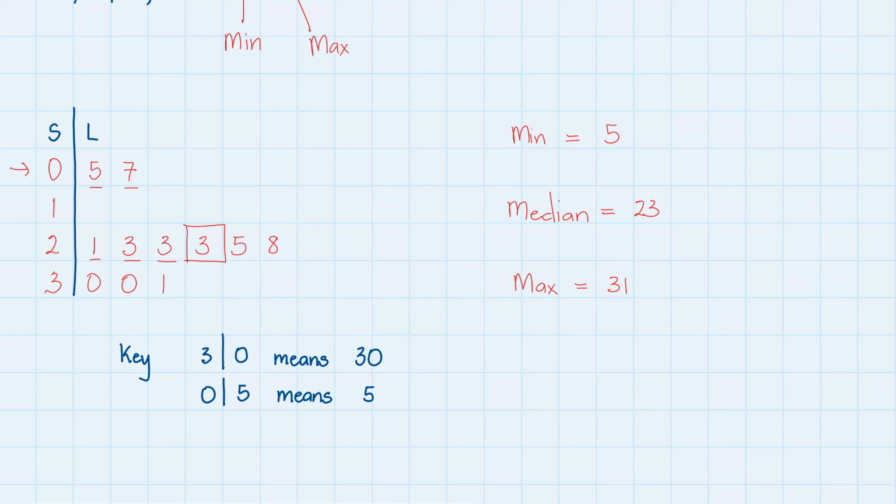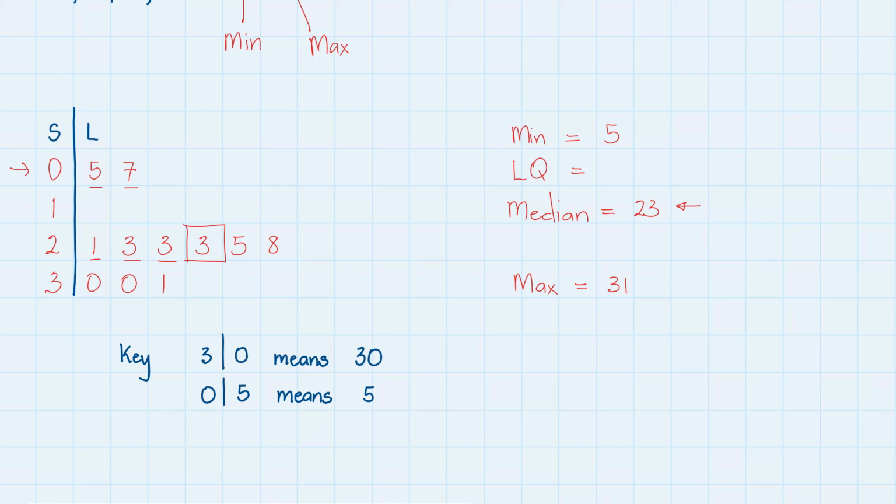Alright, now that we've worked out the median, we can work out the lower quartile. The lower quartile is the median, the middle number in the lower block. This median divides the data set into 2 halves. So I've got 5 numbers below that 23 and 5 numbers above it.